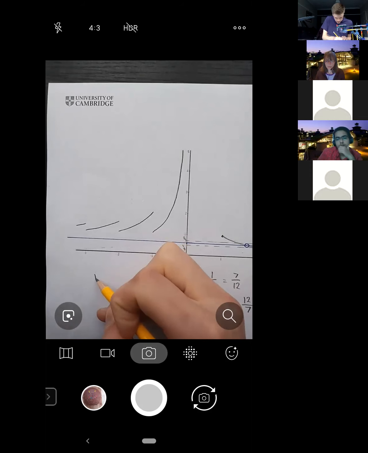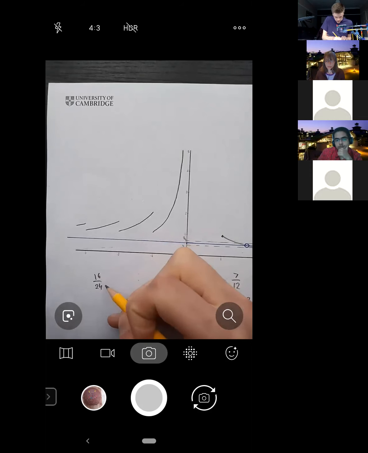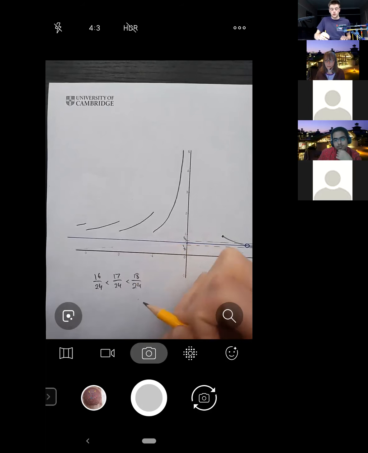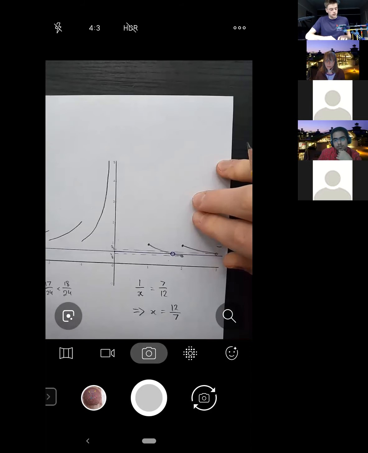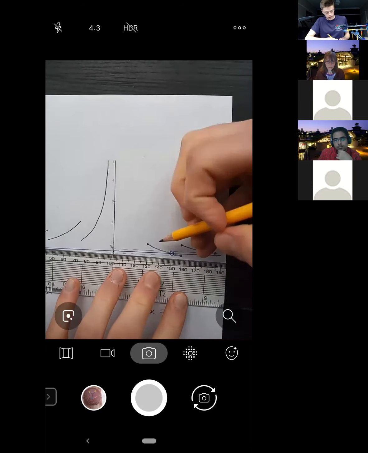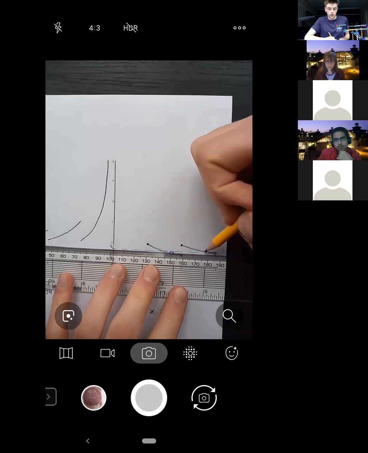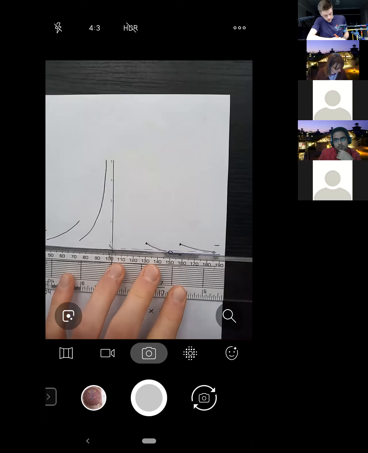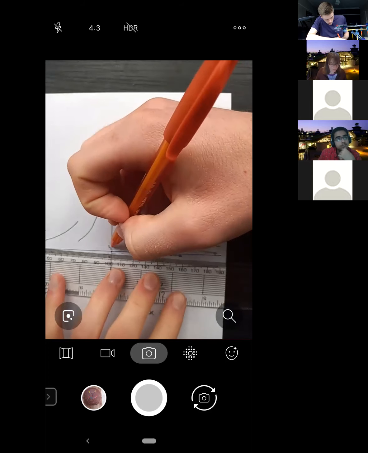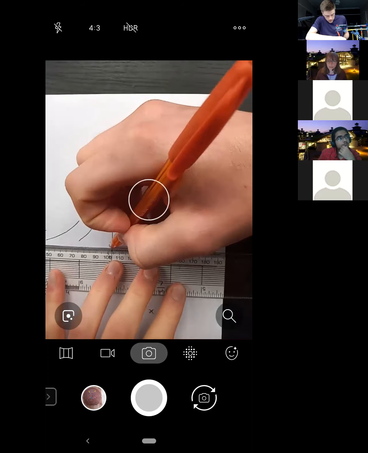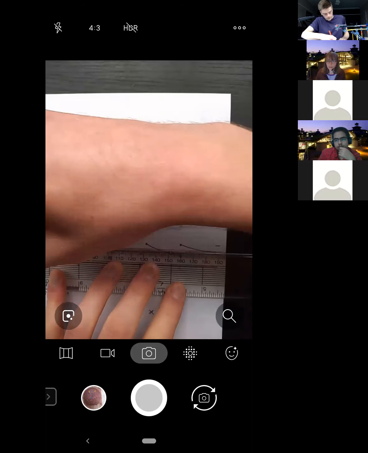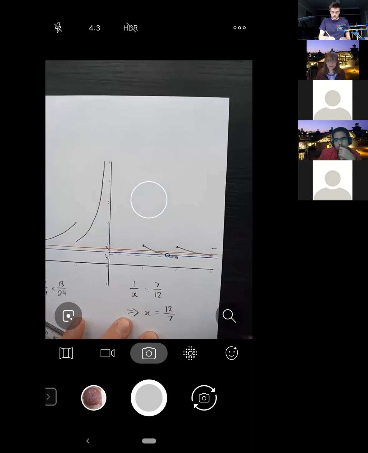We can write 2/3 as 16 over 24, and that's less than 17 over 24, which is less than 18 over 24, which is 3/4. So this time we're going to hit the first of two branches, but not the next one because it goes down to 3/4. Let's draw this, and we can see our two solutions.